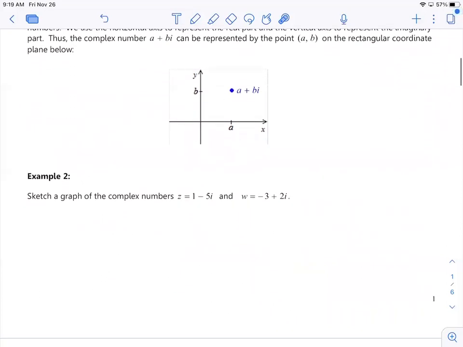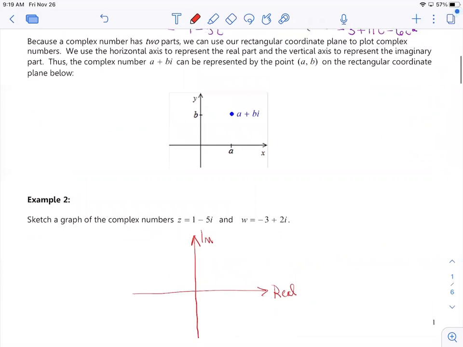So if I ask you, in example 2, to plot these, I'm going to go ahead and give myself an axis. I'm going to label this as my real and this is my imaginary. Give yourself a scale.